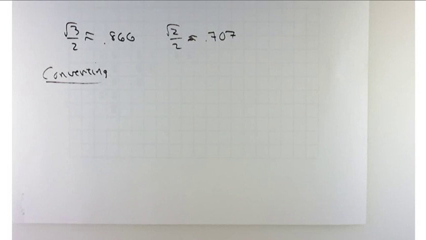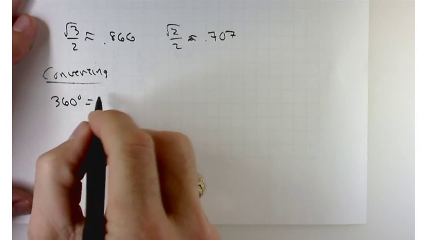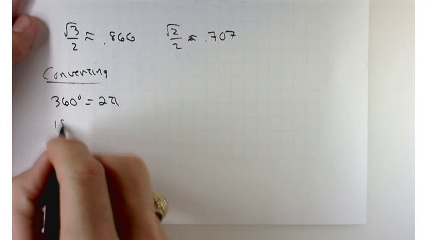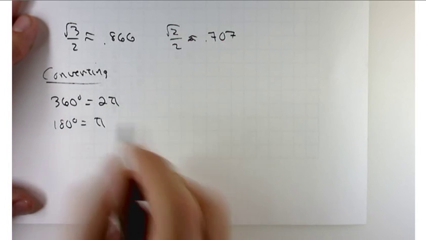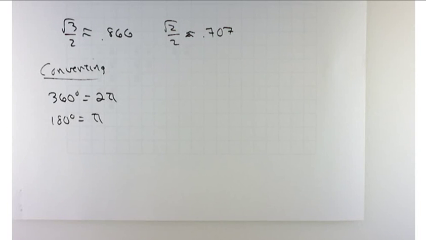So let's start with this idea, and that is that once around the circle in degrees is 360. What's once around the circle in terms of radians? 2 pi. So if I divide both sides by 2, that means 180 degrees is equal to pi. And it's this conversion factor that we can use to go from one to the other.